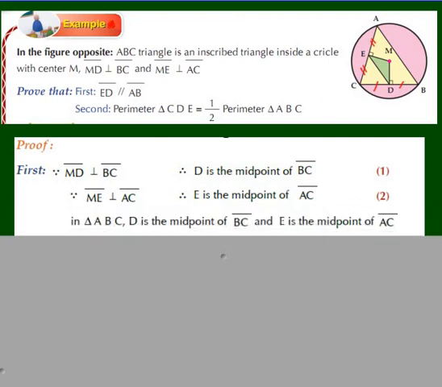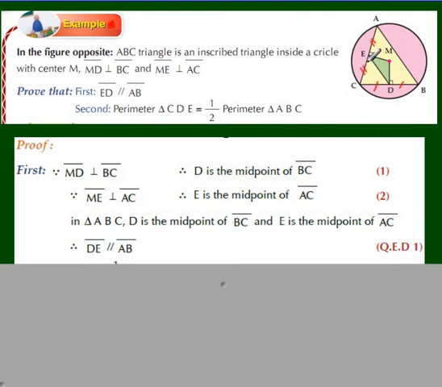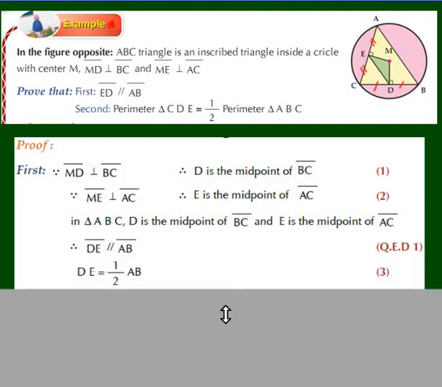In triangle ABC, D is midpoint of segment BC and E is midpoint of segment AC. Therefore, segment ED is parallel to segment AB. You studied it before in first prep. And also, length of segment ED equals half length of segment AB. Okay?